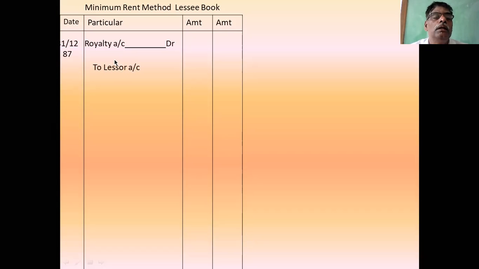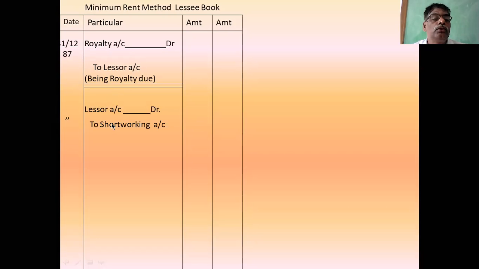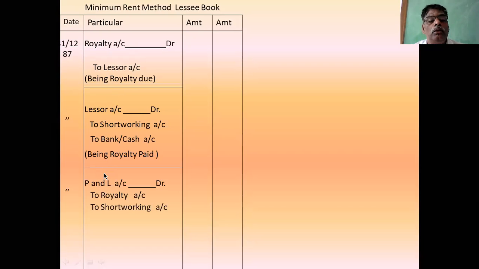Third year original entry: royalty account debtor to lessor account, meaning landlord account, being royalty due. Second entry, lessor account debtor to bank account, being royalty paid. P&L account debtor to royalty account. These are the original entries, general entries.